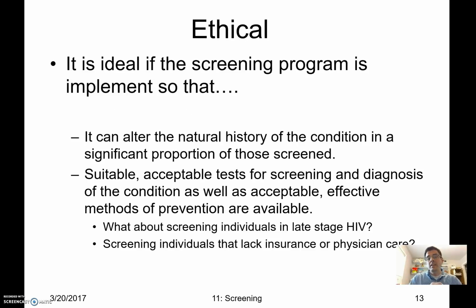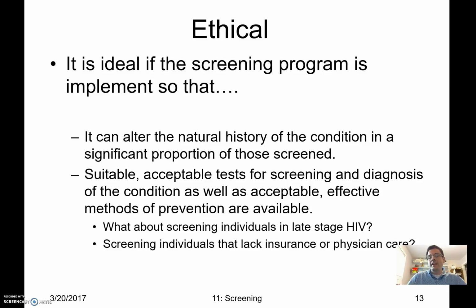And then there's the ethical considerations that need to be taken into account. It is ideal if the screening program is implemented so that it can actually alter the natural history or condition. It's not so much all that valuable or even ethical to have a screening test where you can diagnose an individual early, but there's no treatment or there's no change that can be made.